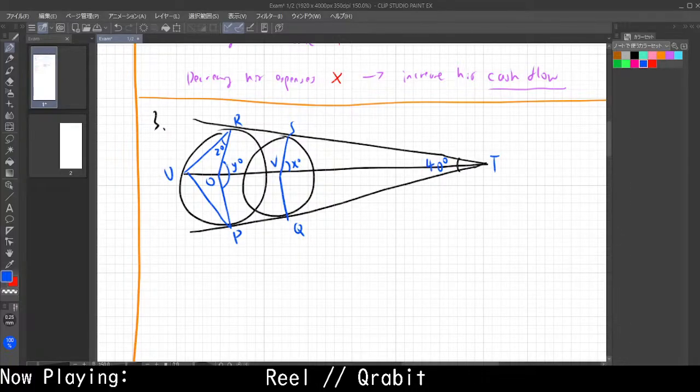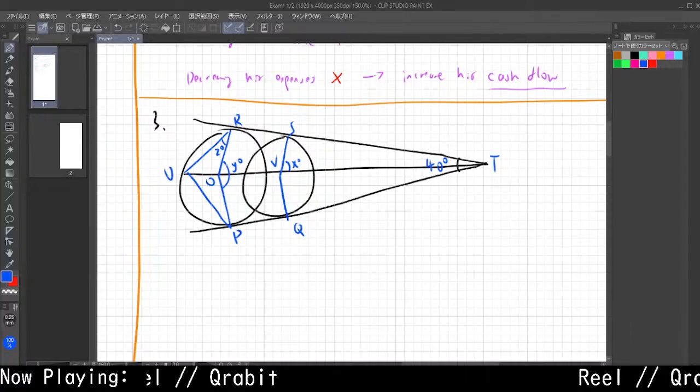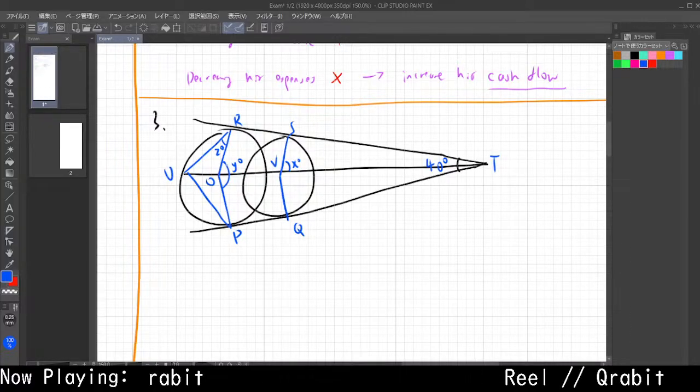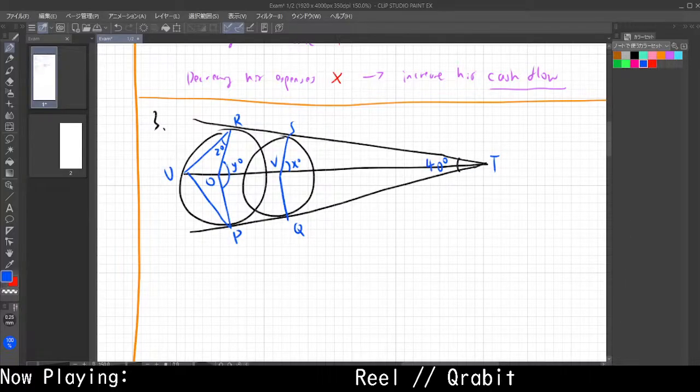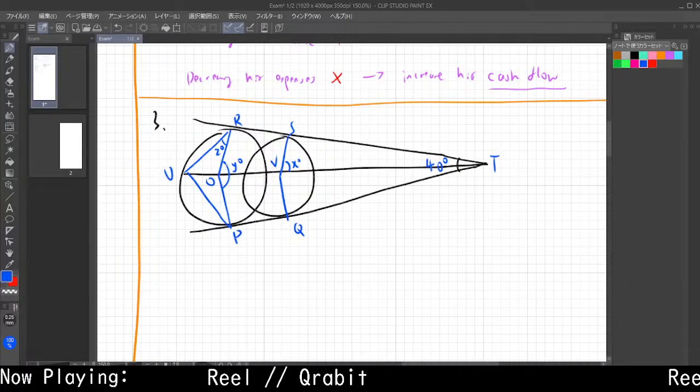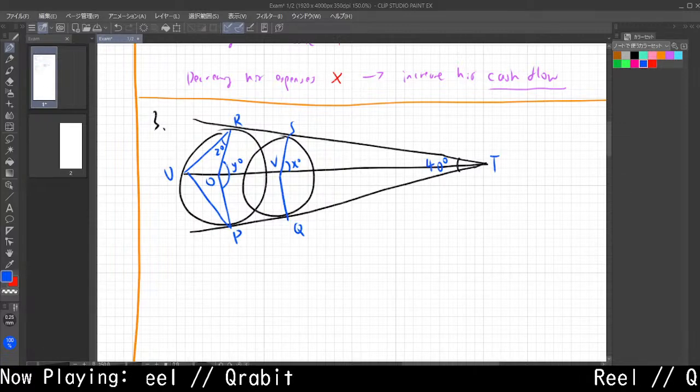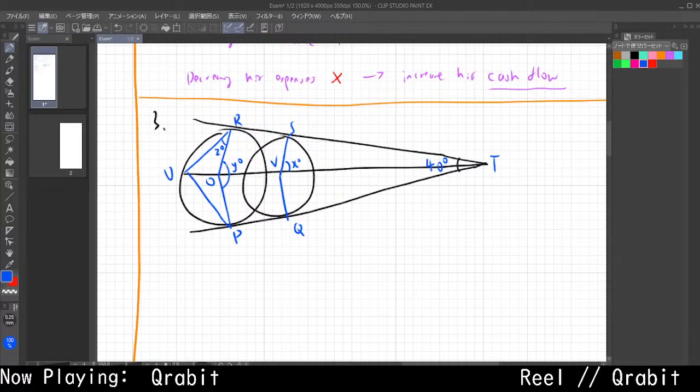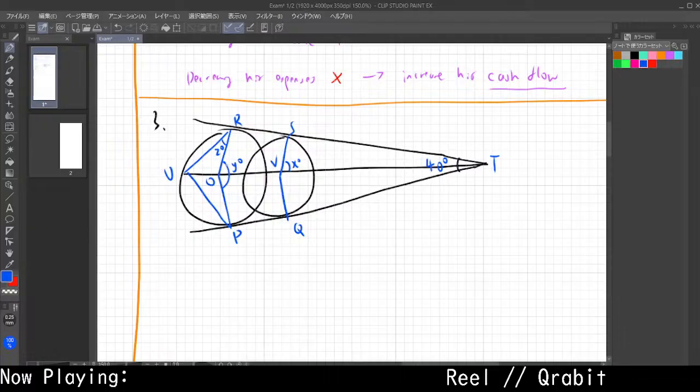The question says that in the diagram below, RST and PQT are common tangents to the circles with centers O and V respectively. So you can see that it doesn't really say anything about the radiuses being perpendicular to the tangents and being parallel to each other, so you actually cannot assume so.